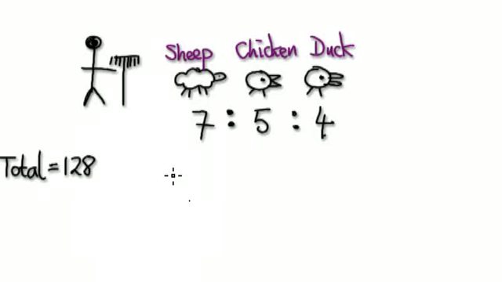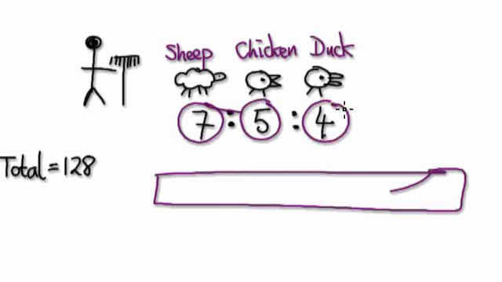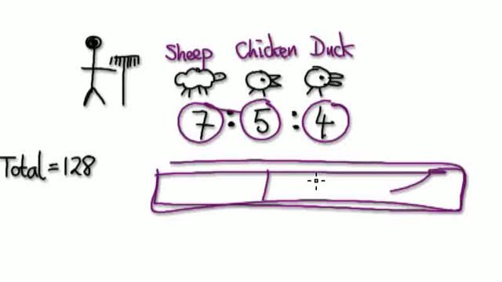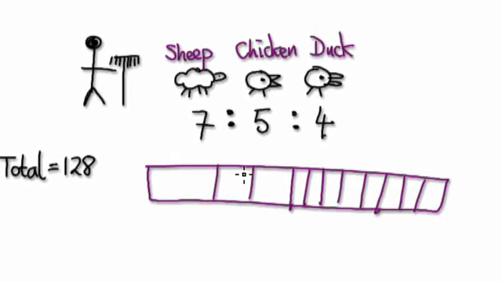Okay, so remember that thing where we had, 7 plus 5 plus 4 will give you 16. If you get your whole of something, whatever it is, cut it up into 16 equal parts. 7 parts will be sheep: 1, 2, 3, 4, 5, 6, 7.